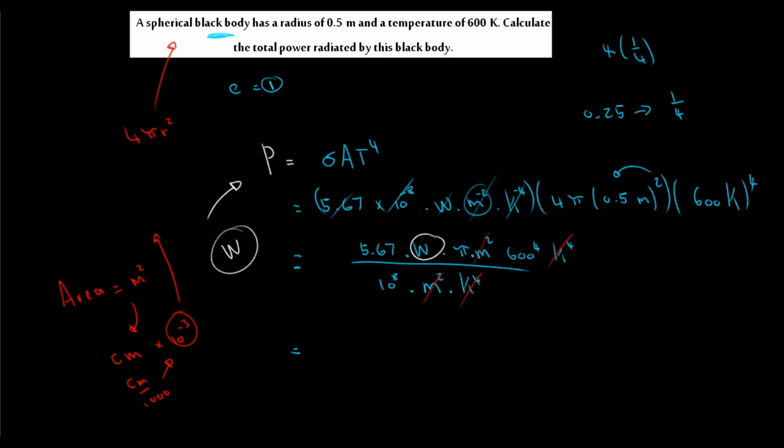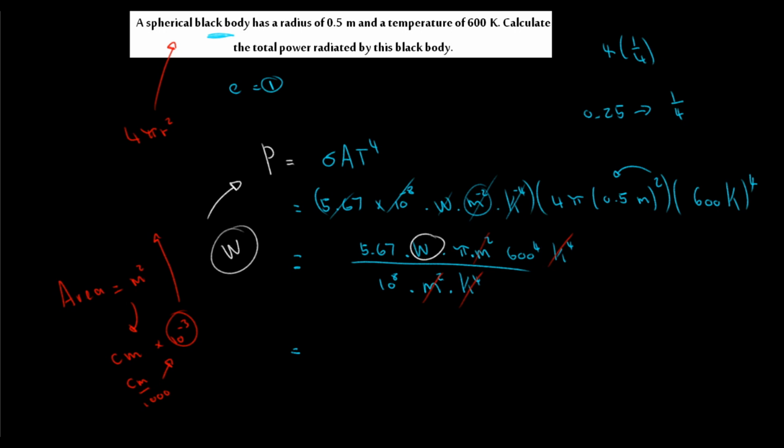So let me get my little calculator. In this case, I'm going to say 5.67. We're going to multiply this with 600 raised to the 4th. And I'm going to do this in one equation, so parentheses, 5.67 multiplied with pi. Oh, I forgot my pi.